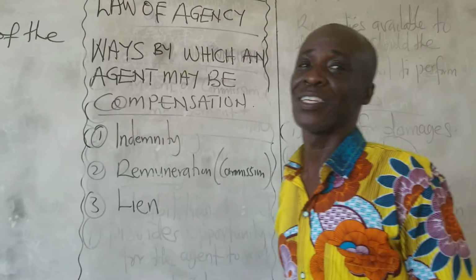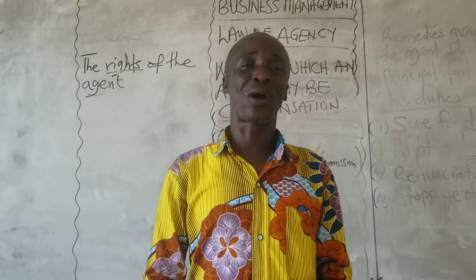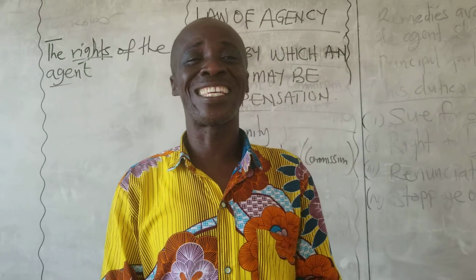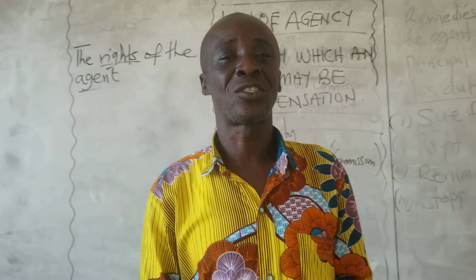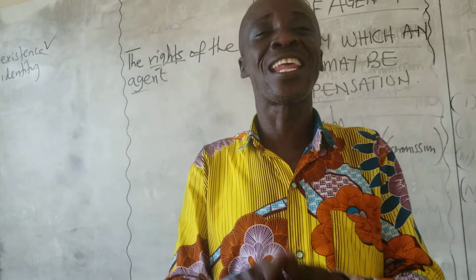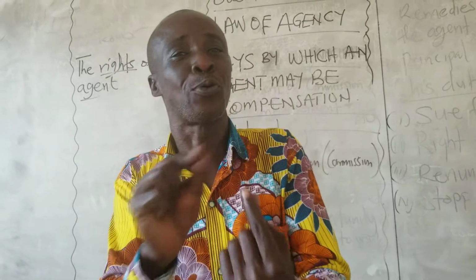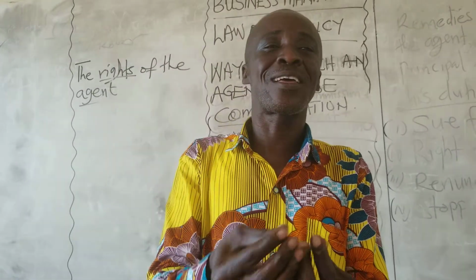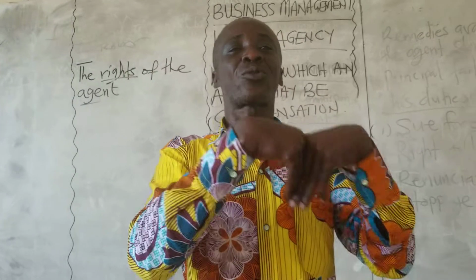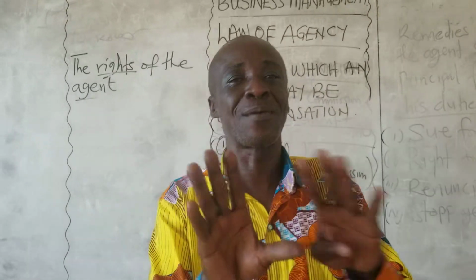Then the third one is what we did under the remedies available to an agent where the principal fails to perform his duty, and that is lien. We said lien is the right of the agent to retain the principal's property or goods that are in his lawful possession. Underline, lawful possession. That is why when we were talking about the factor and the broker as examples of special agent, we said that the factor has the right to lien, but the broker does not.